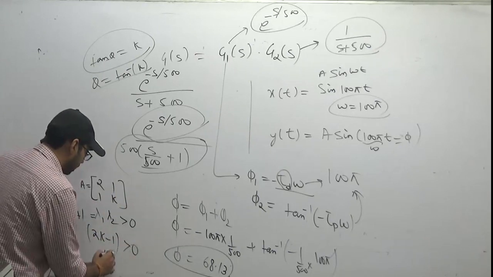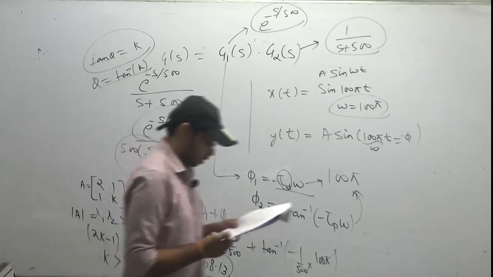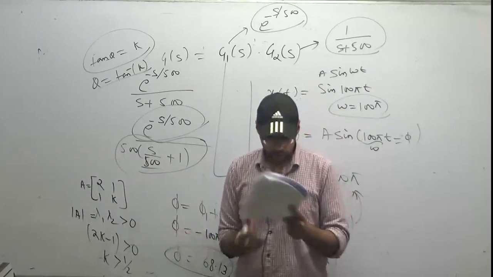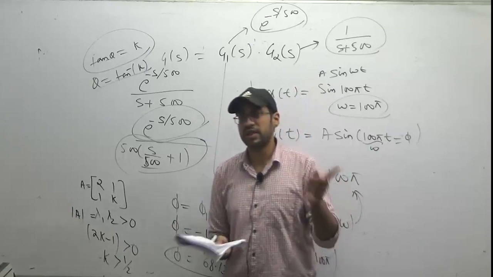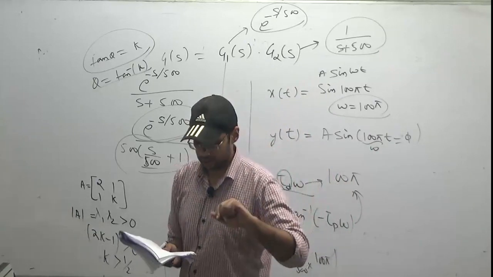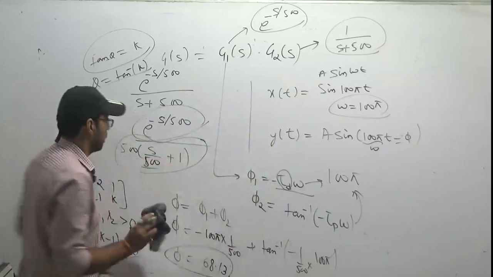From there you will get k greater than 1 by 2, and according to this, option A is the correct one. For that you need to know the property that the product of the eigenvalues gives you the determinant of that particular matrix. This completes question number 35.